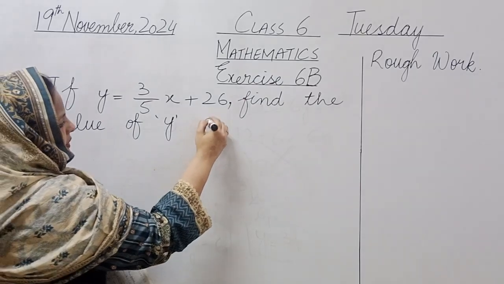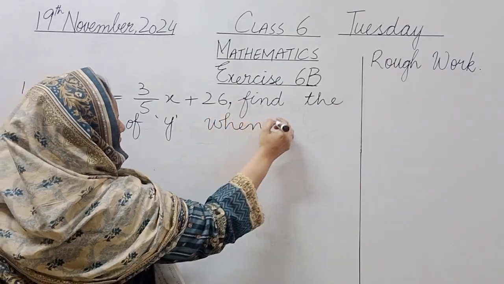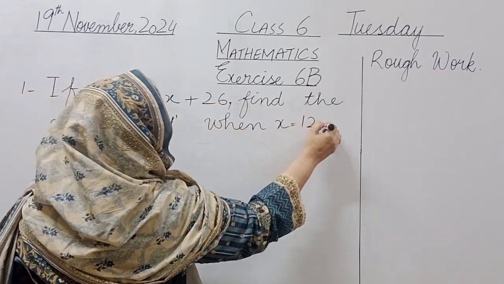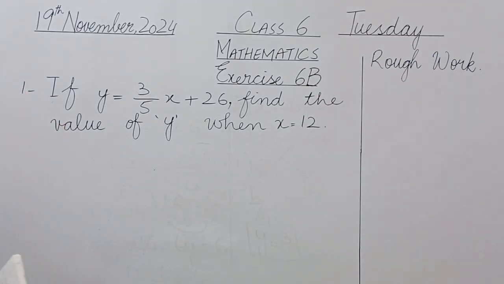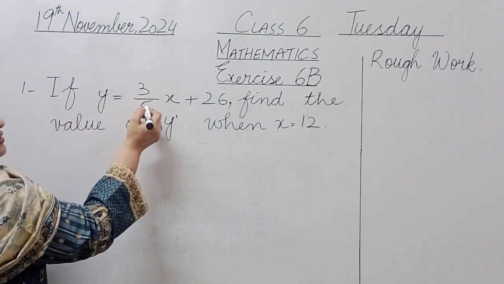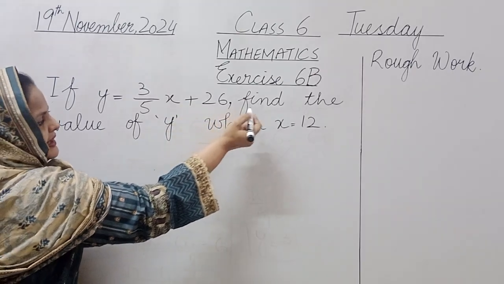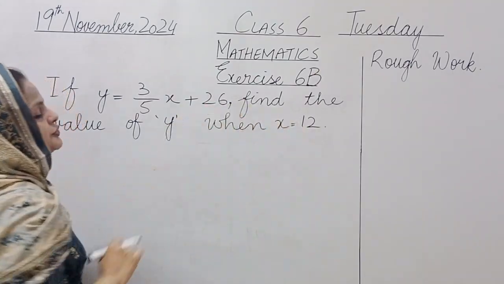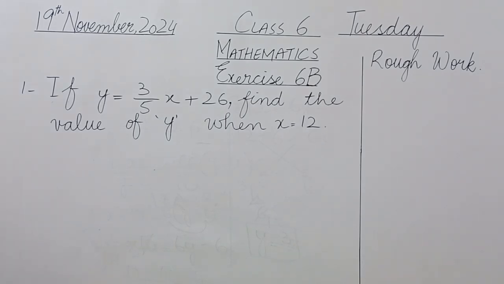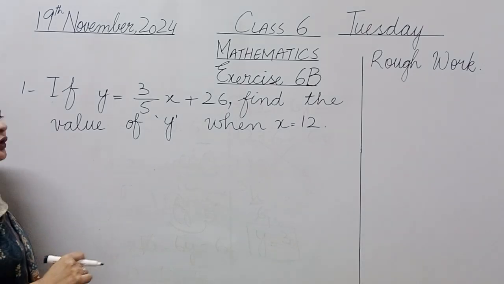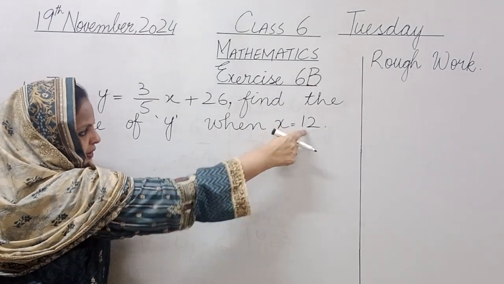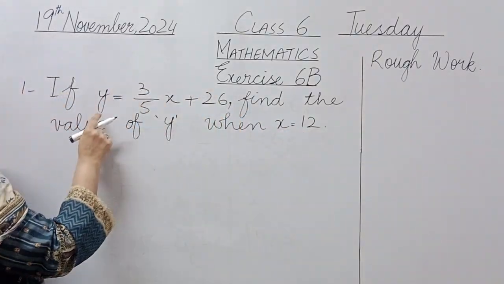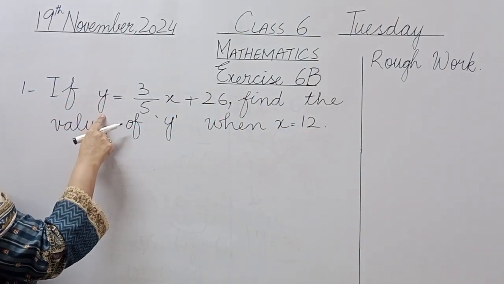If y is equal to 3 over 5x plus 26, find the value of y when x is equal to 12. They have given us the value of variable x, 12, and we have to find the value of variable y.